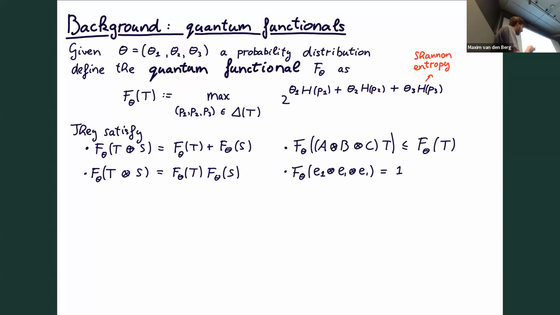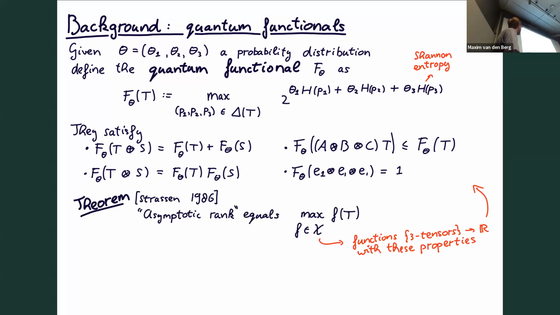Okay, so why is this nice? There's a theorem, which I will state very informally here, by Strassen, which says that the asymptotic rank is equal to the maximal value I can get when applying functions f to my tensor t, where f is inside this set X, which I define precisely as the set of functions from tensors to the real numbers that satisfy these four properties.